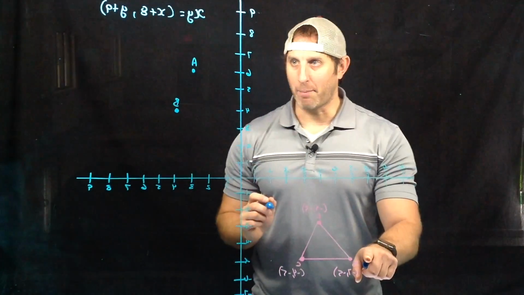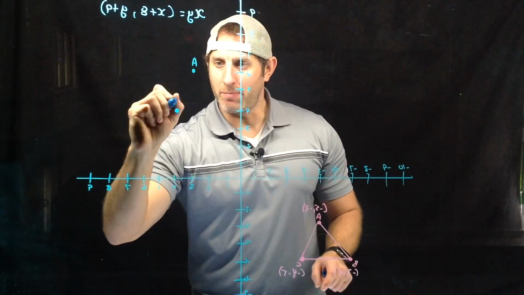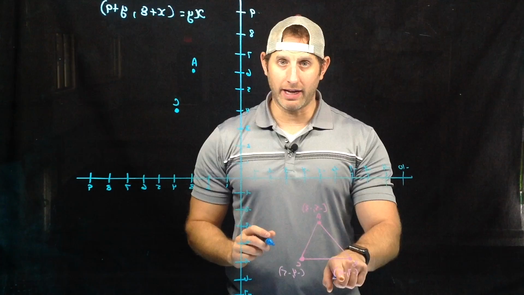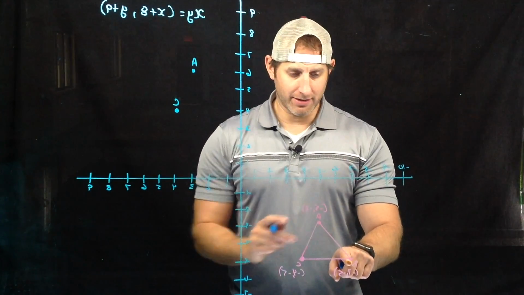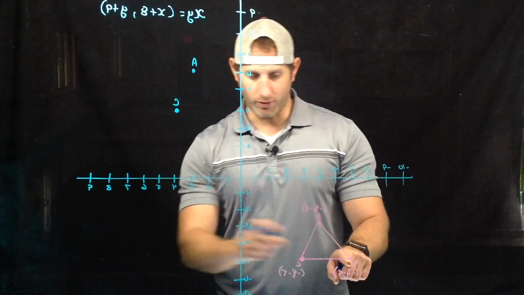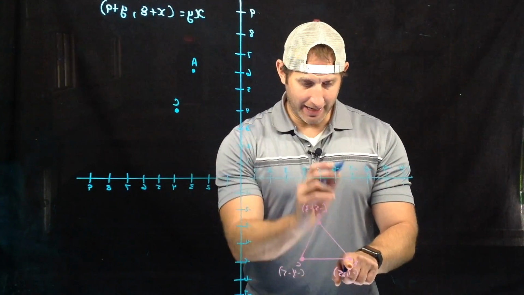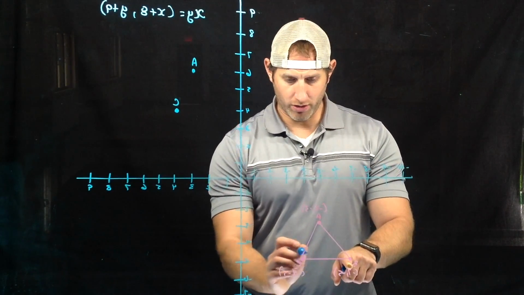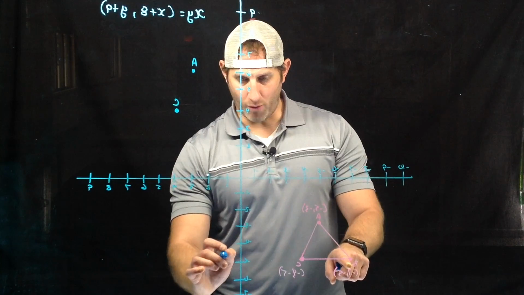If I take a look at B, sorry, that was C, not B. If I take a look at B, B is here at (-7, -5). It's going to move its original space, x plus 8. So it's moving this way on the Cartesian plane as well. So I'm at -7, and I'm going to be moving 8 spaces. 1, 2, 3, 4, 5, 6, 7, 8 will be at 1.